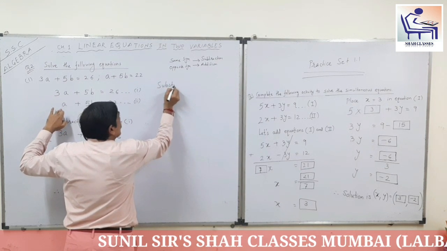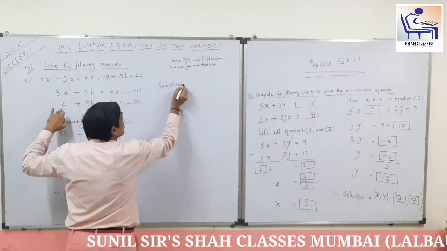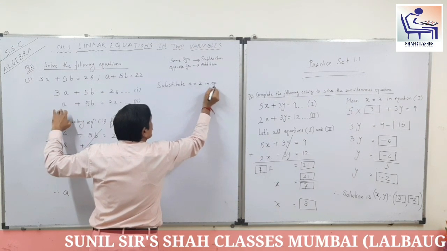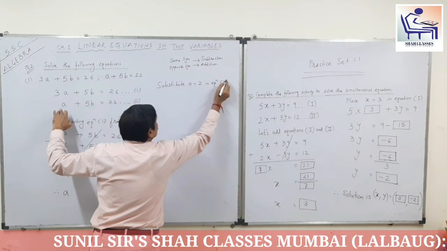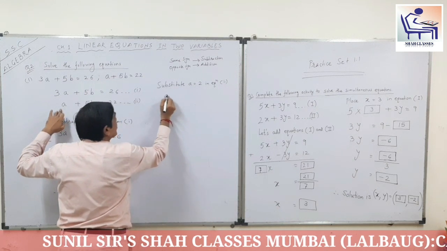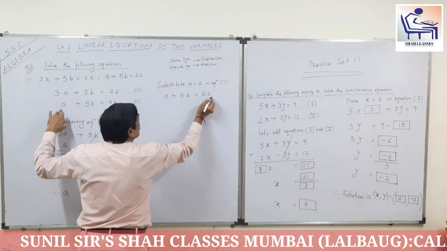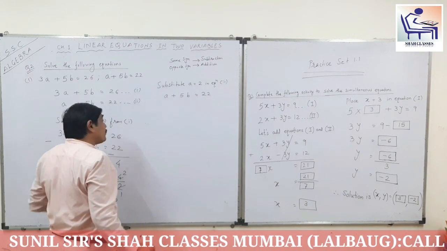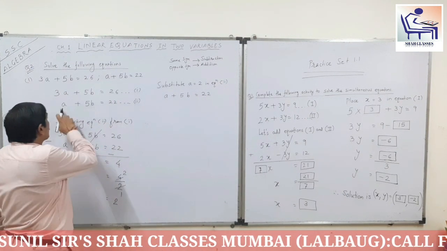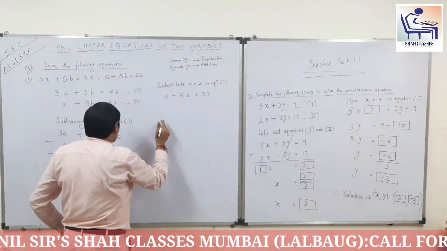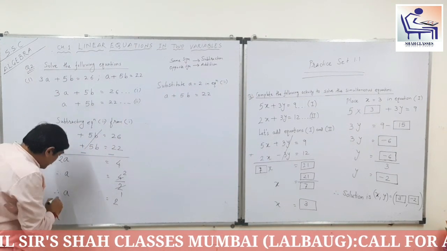So we are substituting here. Substitute a is equal to 2 in equation 2. Now we will write equation 2: a plus 5b is equal to 22. In this equation, instead of a, we will put 2, as we got the value of a as 2.